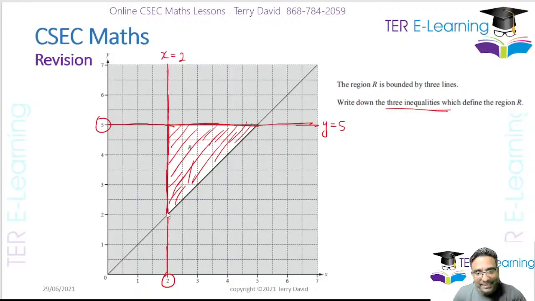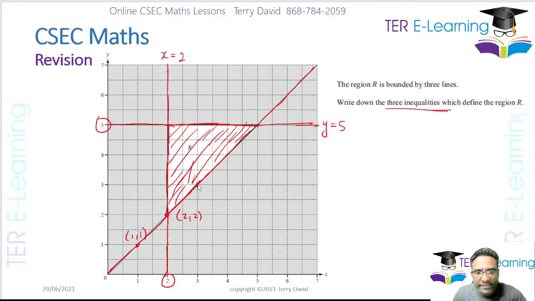Now, the next line that bounds the region R is this line here, right? If you look carefully, this is a line that you guys need to know, by the way. Look, this point is on the line, and that point is (1, 1). This point here is on the line, and this point is (2, 2), right?